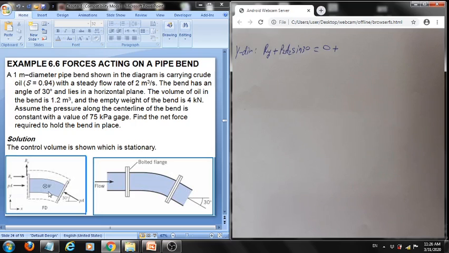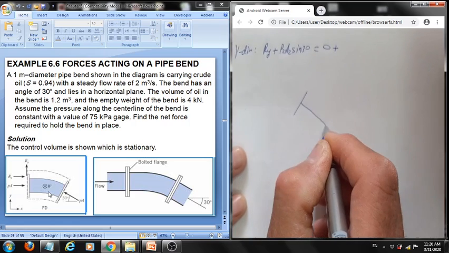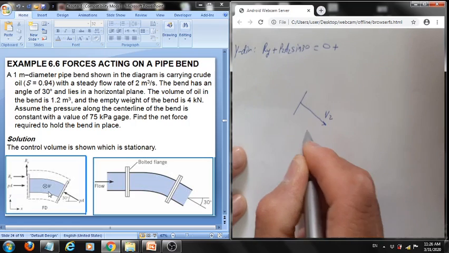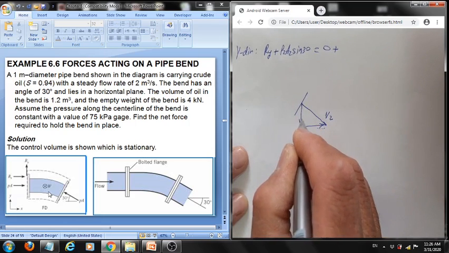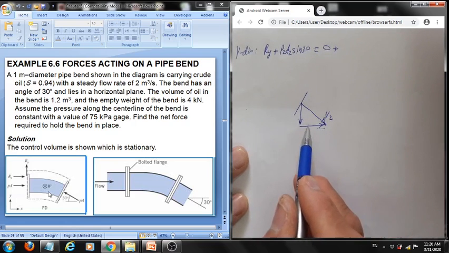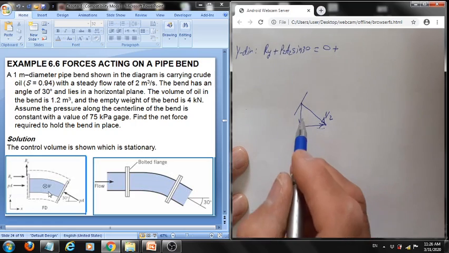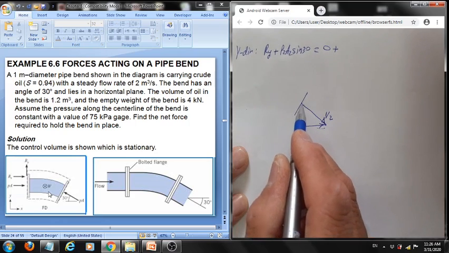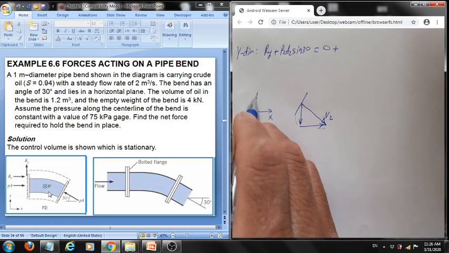Now, same thing as we said before, at the exit the velocity is coming this way. So when we decompose it, we have a component in the x direction and in the y direction. Notice how we draw the components. Obviously here we have a negative because we have assumed x in this direction and y in that direction.